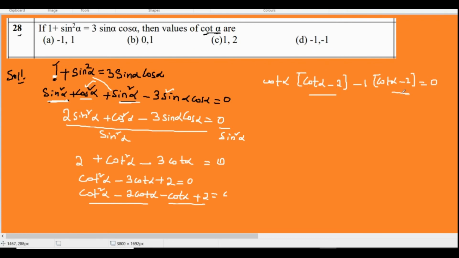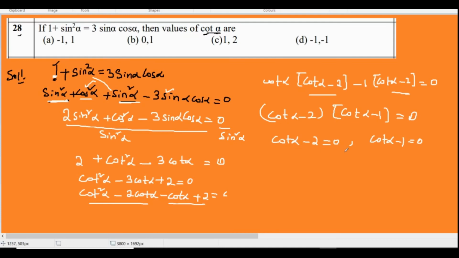So cot alpha minus 2 we will take as common again, and the other term will become cot alpha minus 1. So individually we'll equate the two factors to 0: cot alpha minus 2 is equal to 0 and cot alpha minus 1 is equal to 0.